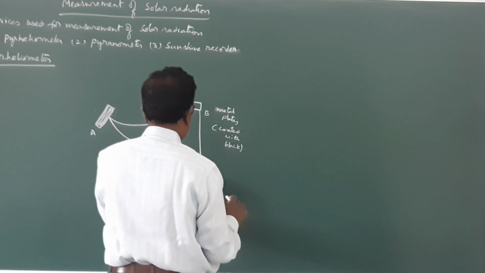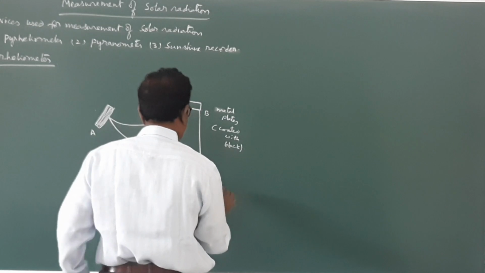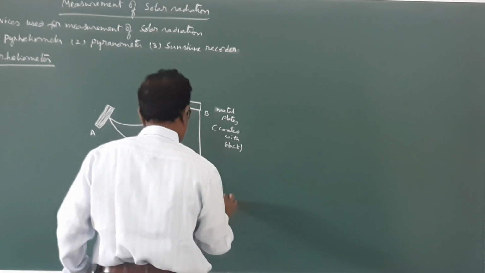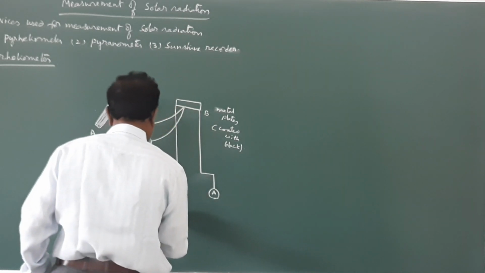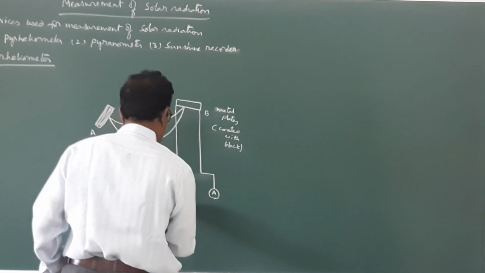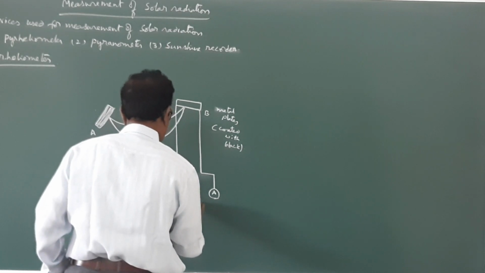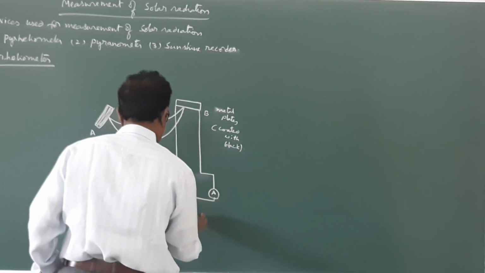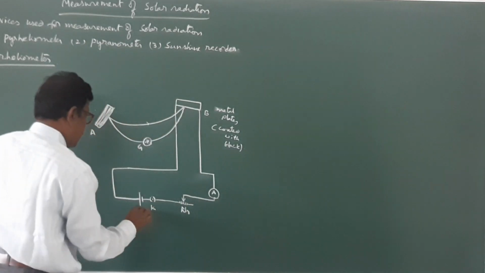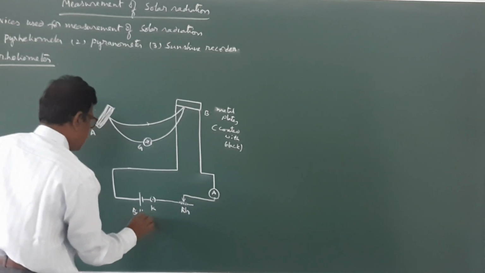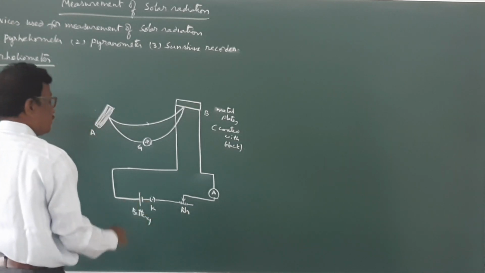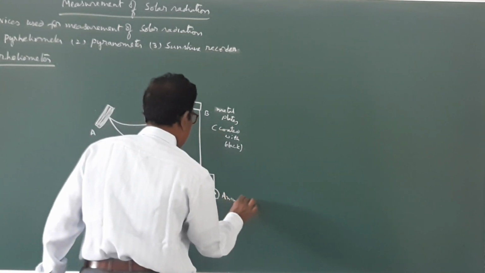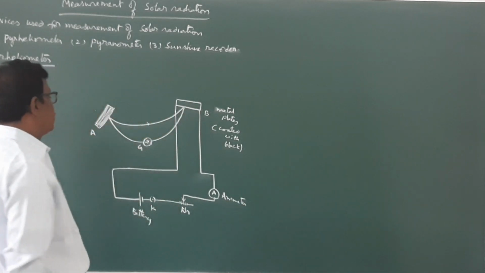That consists of an ammeter A, plug key K, and rheostat. This is called battery. Ammeter. This is the rheostat.